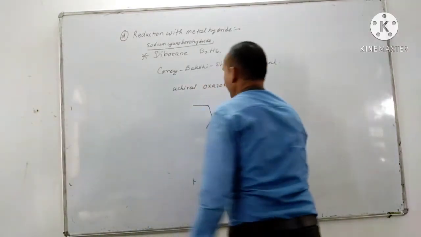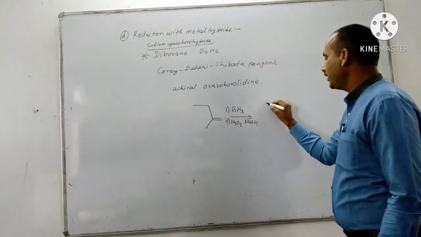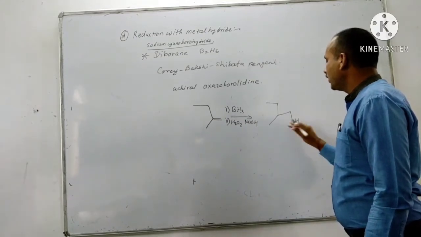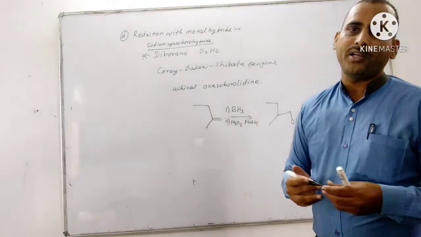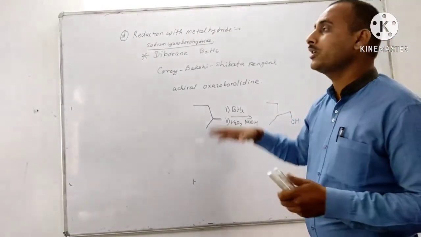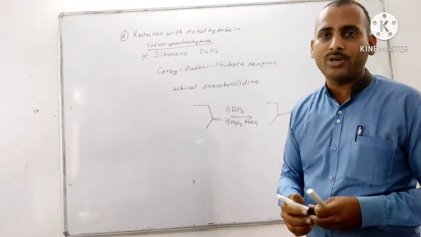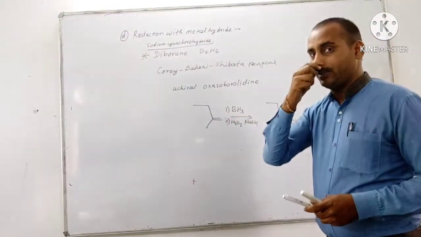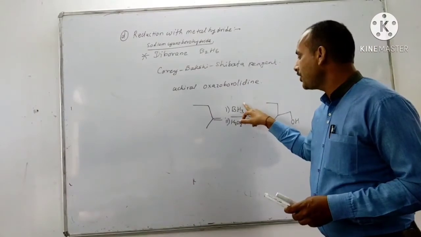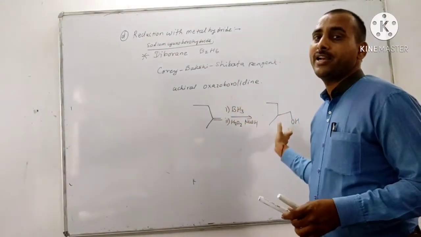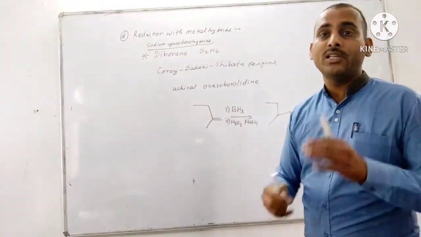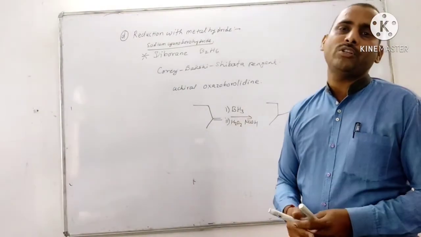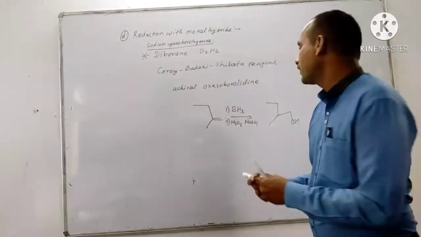So this reaction is called hydroboration oxidation reaction, and selectively the less substituted alcohol is obtained as a major product. Means the product is anti-Markovnikov product. The overall reaction is hydration, addition of water molecule. The product obtained is anti-Markovnikov product, but the mechanism follows the Markovnikov mechanism.